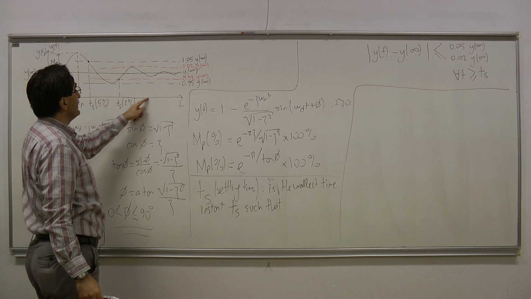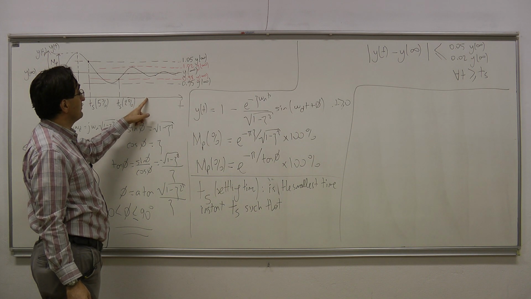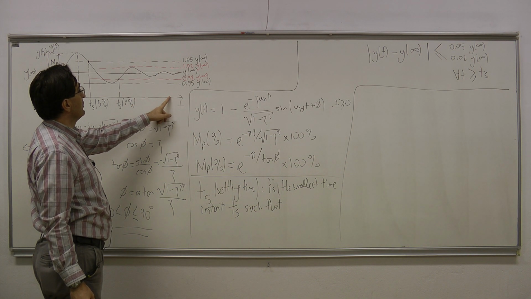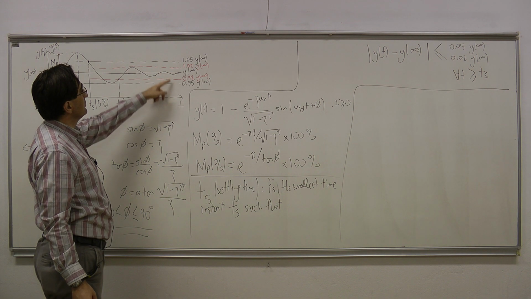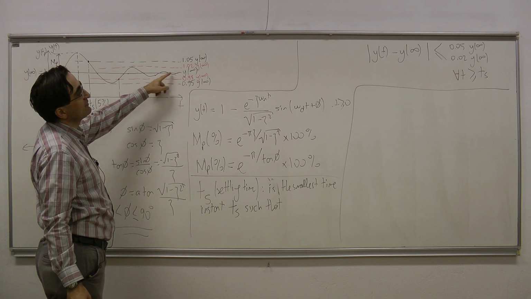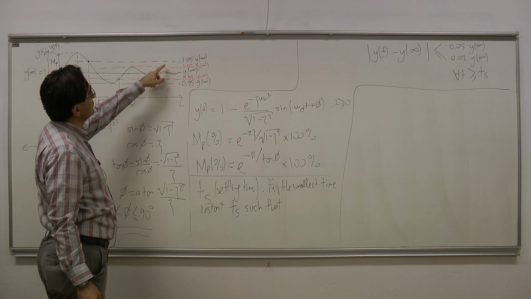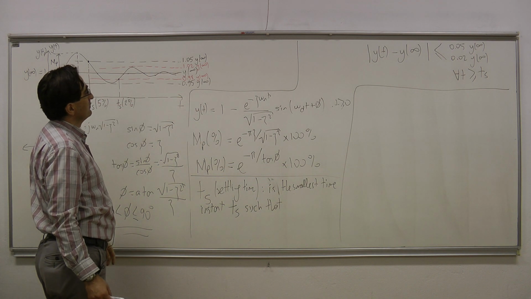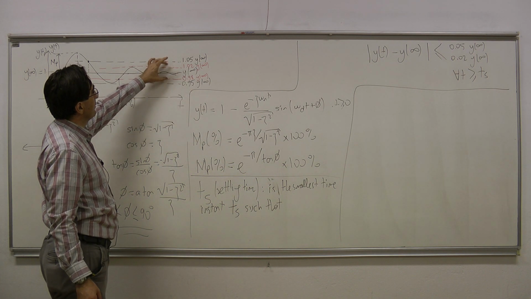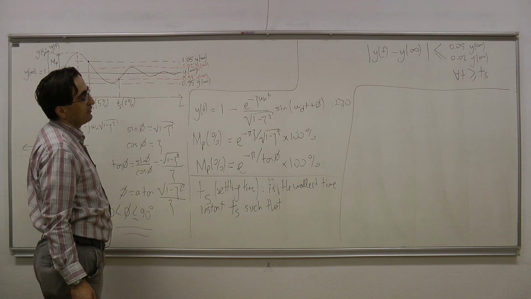Okay, so why not use such a ts value? At this ts, I know that the difference between the response and the final value is always smaller than the 5% or 2% of the final value.